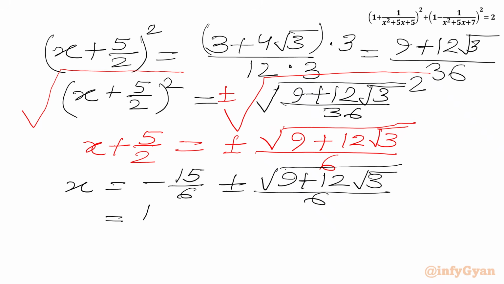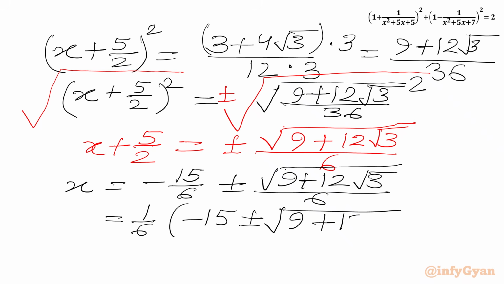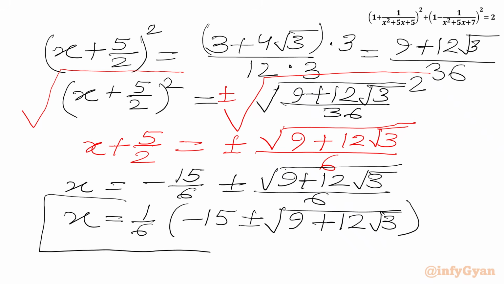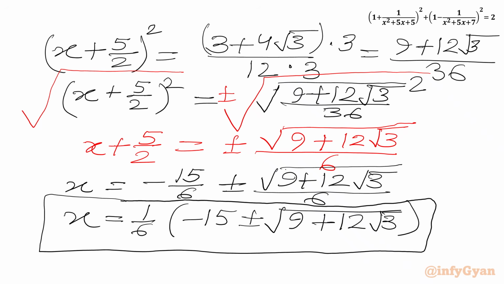We will write here 1 over 6 in the bracket minus 15 plus minus square root of 9 plus 12 square root 3. So finally we have two real solutions: 1 by 6 times in the bracket minus 15 plus minus square root 9 plus 12 square root 3.